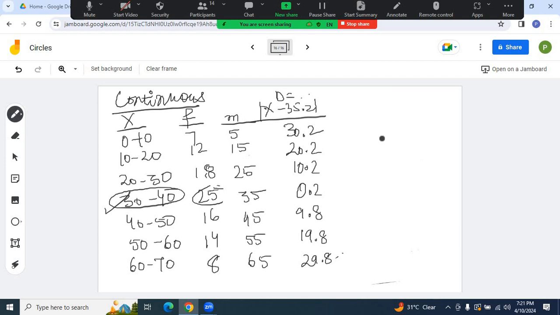Once we have found the deviations, the last step is FD.